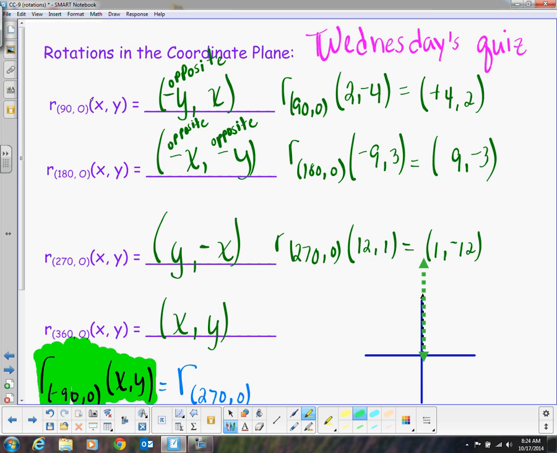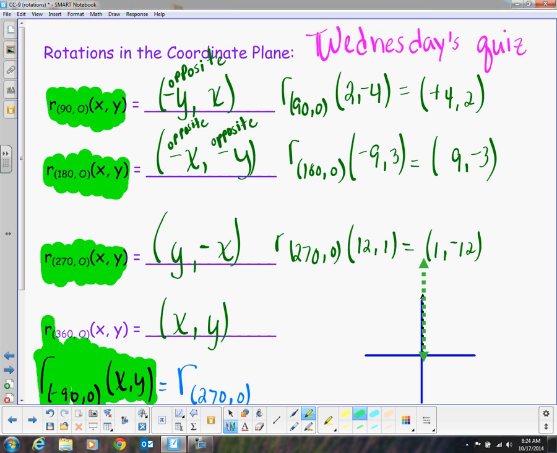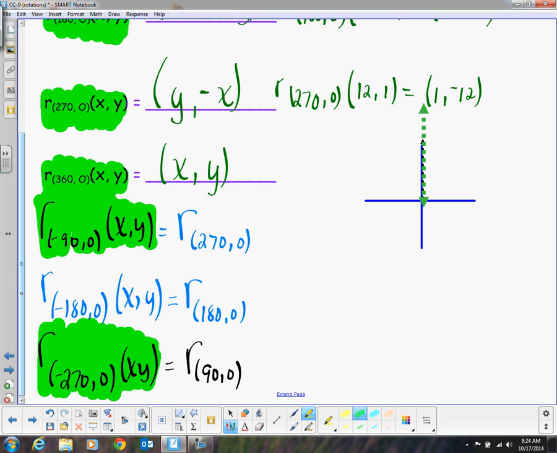So you've got these 4 on Wednesday. And again, I will give you this, and you'll give me the right. I will give you this, you'll give me the right. And then I'll give you the Y, yes, the ordered pairs.